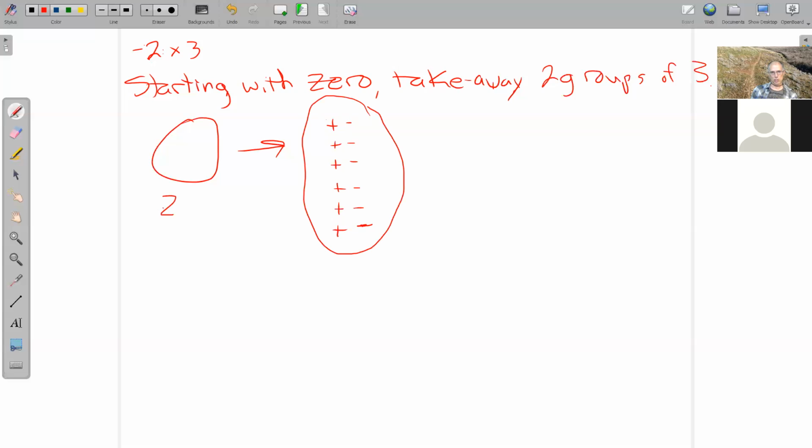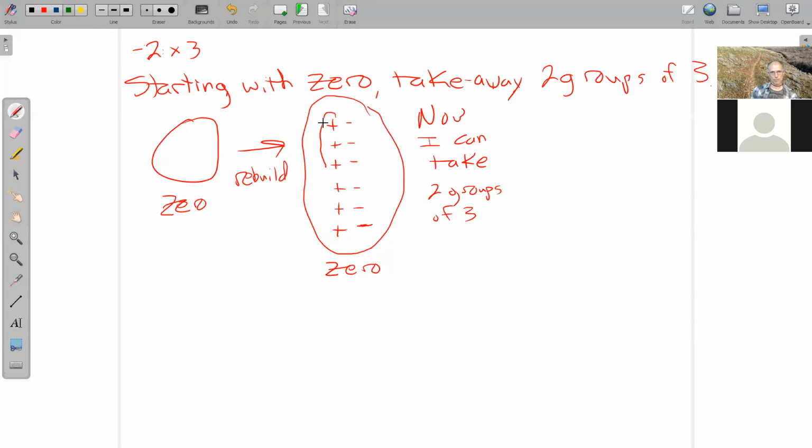Okay, so I'm starting with 0, and then I'm going to rebuild it. And I still have 0, but now I can take 2 groups of 3. All right, so then I want to take this group, oops, switch color.